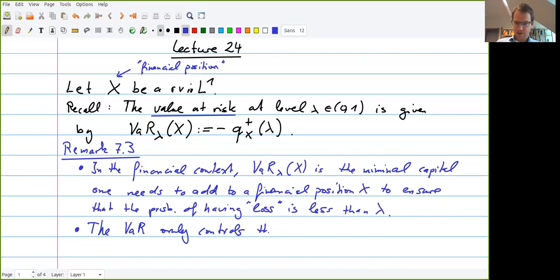So we can minimize with the value at risk the probability that an extreme event happens and that we have huge losses, but I cannot say anything about how bad the losses are if we are in this set with probability less than lambda. It controls the probability of having losses, but not the amount.